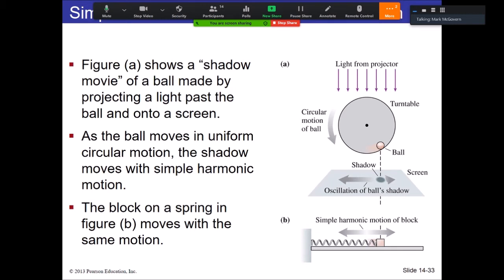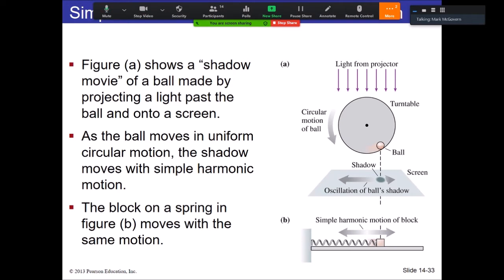The fact that we're using sines and cosines means we can model a lot of behavior that ends up being effectively the same physically. The shadow of this ball is physically the same as a block oscillating back and forth. There is no difference in terms of the mathematical description of these things.